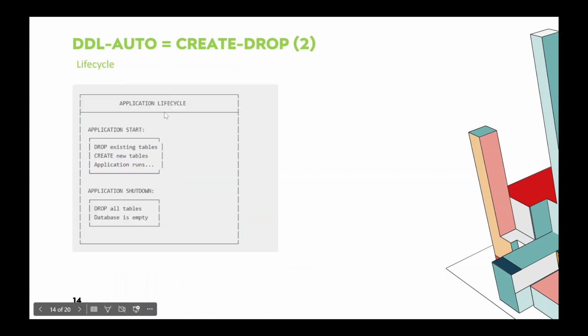So this is the flow: application start, drop existing tables, create new tables, application runs, and drop all the tables. So the database is empty, then create, then drop. If any tables are available, delete, then create, the application executes the flows, and on shutdown, delete the tables.